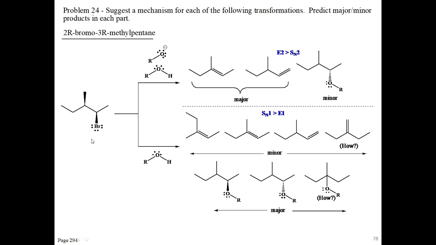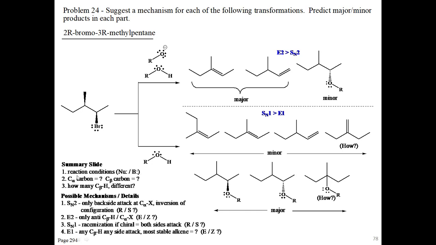So now the water could add from the top or the bottom. This turns out to be achiral because now I have an ethyl on both sides. But I also have a new possibility for E1 because I can lose a hydrogen from up here, in addition to losing it between these two. So you can see the SN1, E1 possibilities are a lot more than the SN2, E2 possibilities.